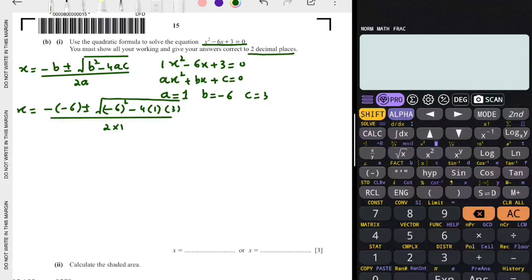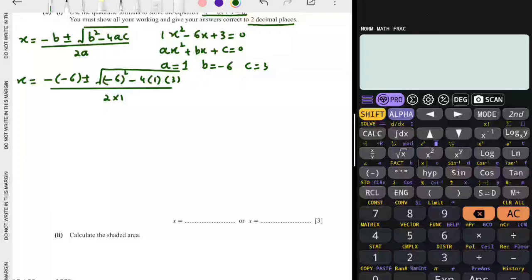So we will solve it. x is equal to plus 6 plus minus square of minus 6 is 36, minus 4 times 1 times 3, that is 12, divided by 2. So x is equal to 6 plus minus square root of 36 minus 12, which is 24.